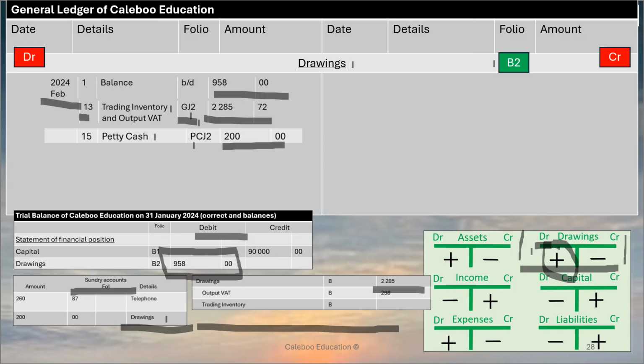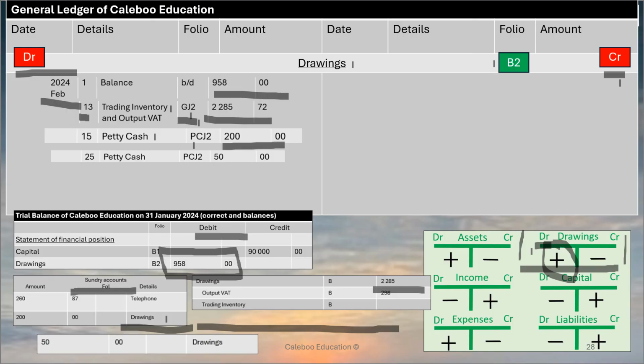Now in this drawings account, I'm not putting the steps up here because you're getting the idea. So the drawings account has entries on the debit side. The rule says check, now step number 3, which side is bigger. I can see the debit side is bigger because there's nothing in the credit side. So you're going to subtract the two sides.